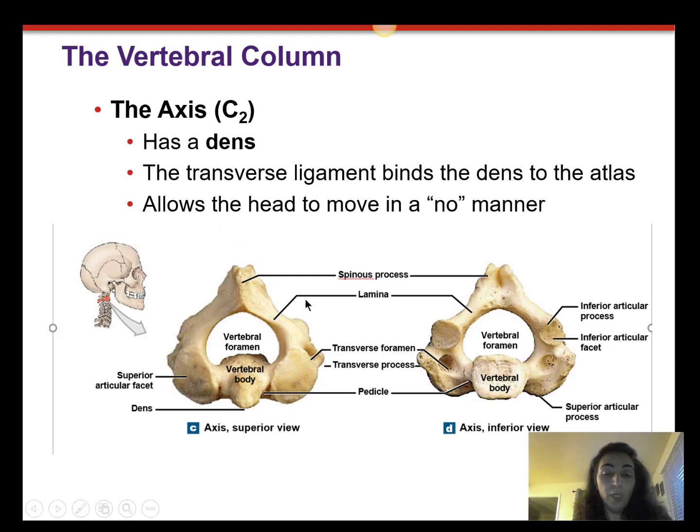Again, you see the transverse foramen here. Pay attention that sometimes you have to rotate the vertebra to see the transverse foramen, so you have to look at that from every angle.